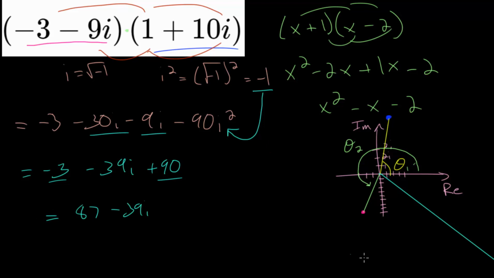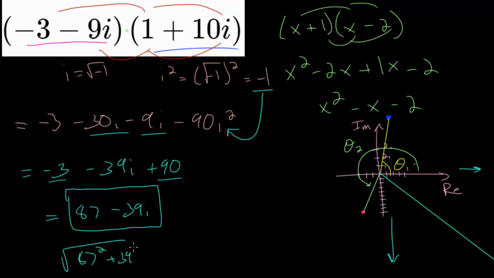Based off of this brief introduction into the geometric interpretation of multiplying complex numbers, this answer matches up with the answer we found there, though it's hard to see that exactly. We would go over 87 in the real part, so way to the right, and then down 39 in the imaginary part. But the general idea is that it will be in this fourth quadrant, and if we calculated its magnitude, its distance from the origin, we're essentially just looking at the Pythagorean theorem, then we can actually find that distance.